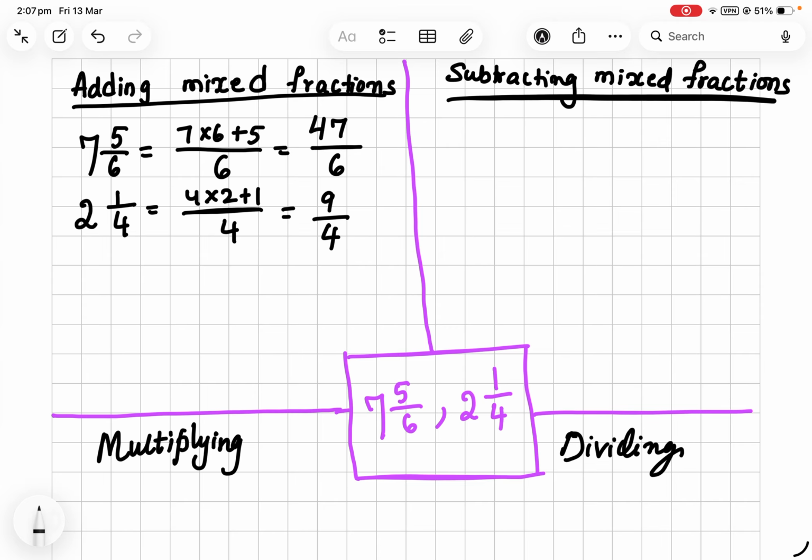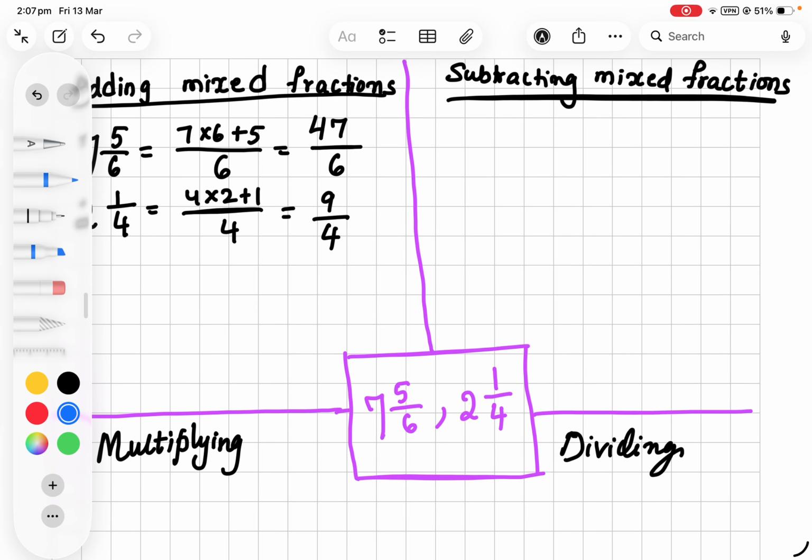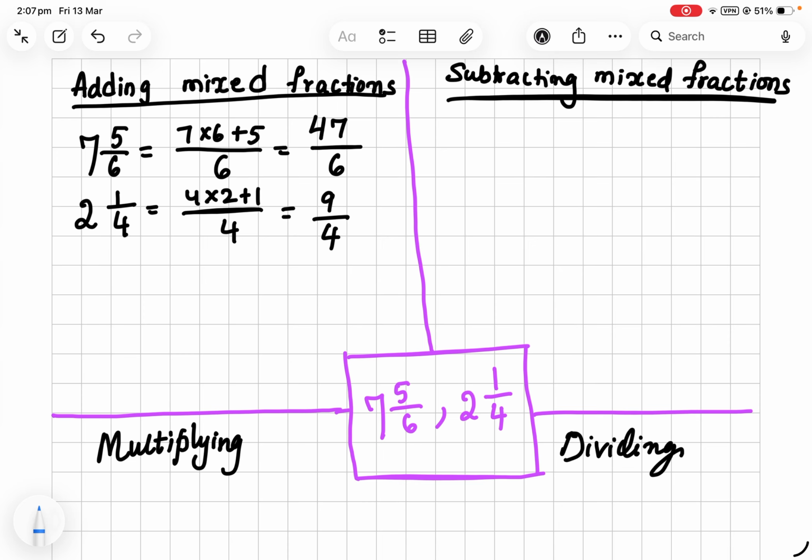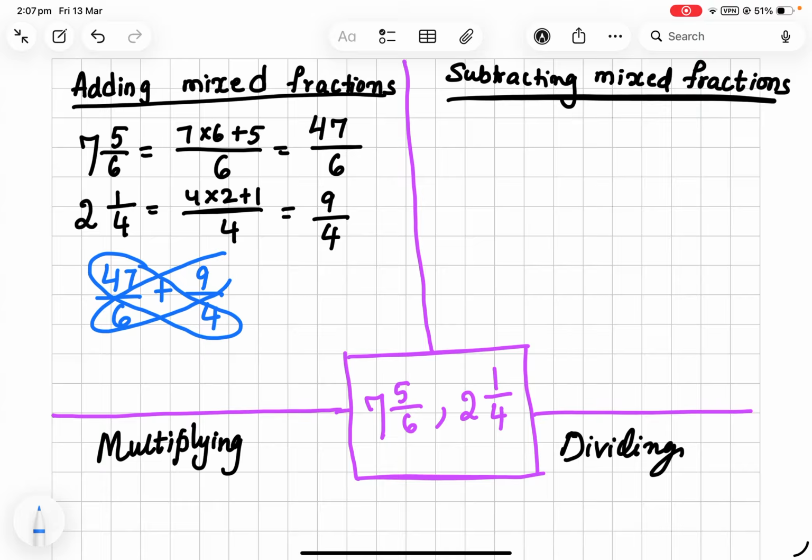Now these two fractions look similar, so I just want to change the color. What I taught earlier is the butterfly smiley technique. So you're going to draw your butterfly wings and then draw the smiley right there. Now 47 times 4. If you do have a calculator, you can use that, boys and girls.